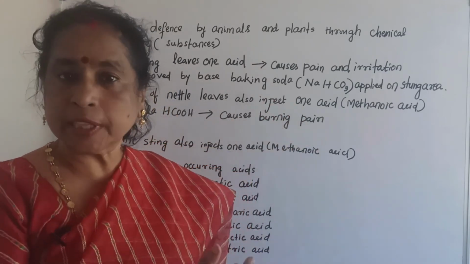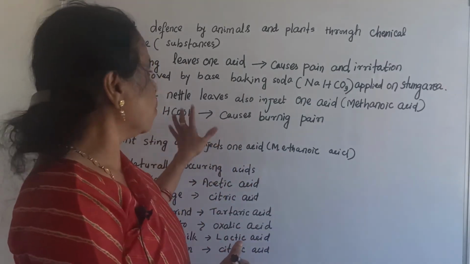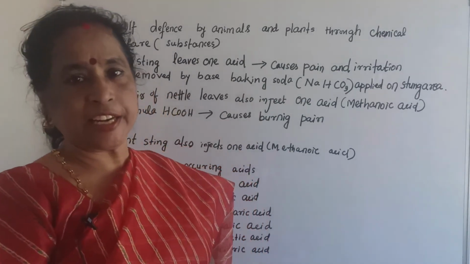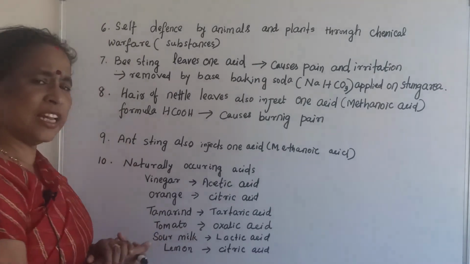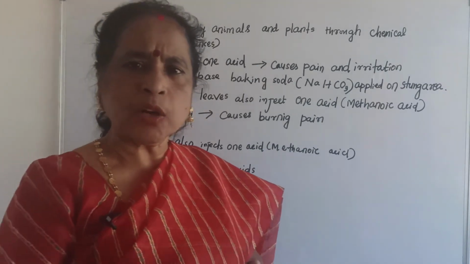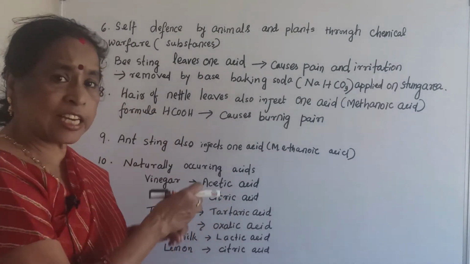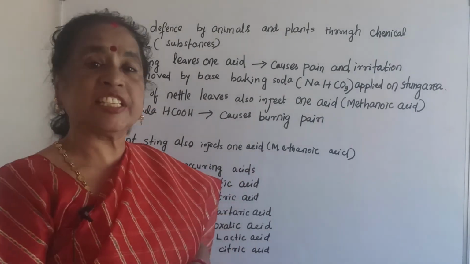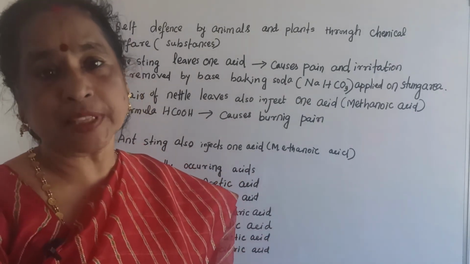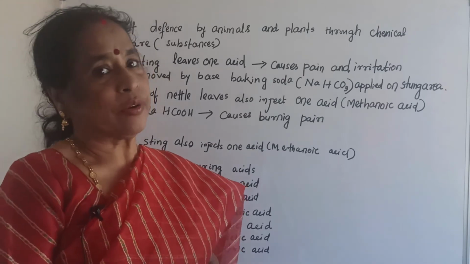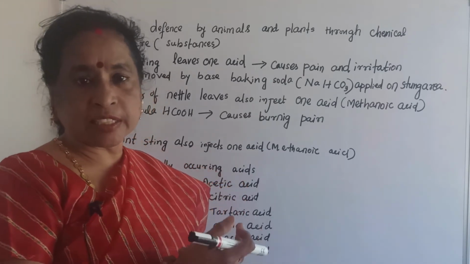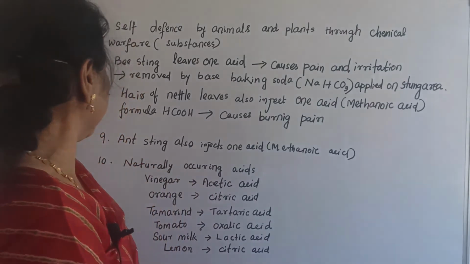What is the formula of methanoic acid? HCOOH, which causes pain and irritation. Similarly, when an ant stings the body, it also injects one type of acid, that is methanoic acid. That is why we feel a burning sensation when an ant stings our body.